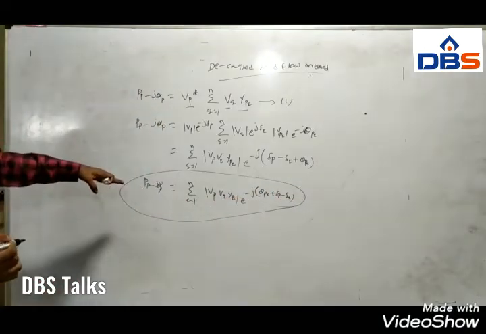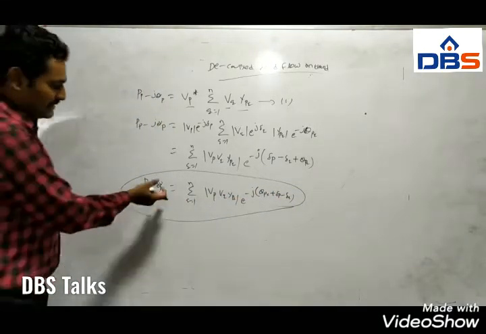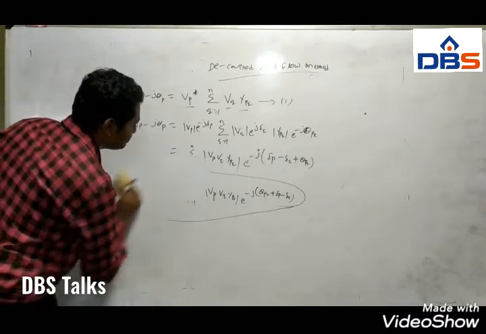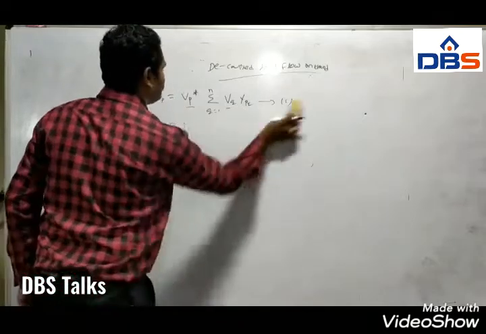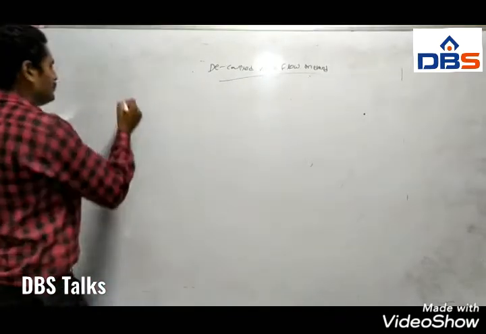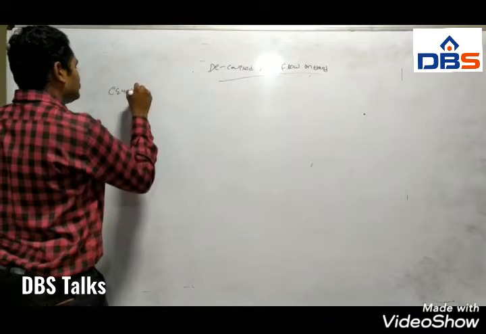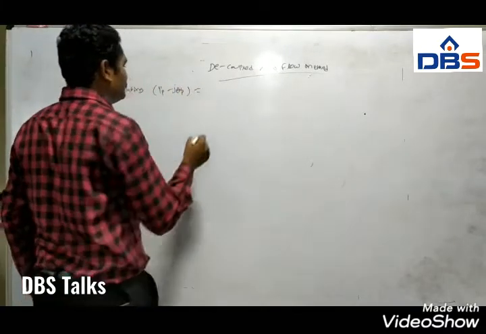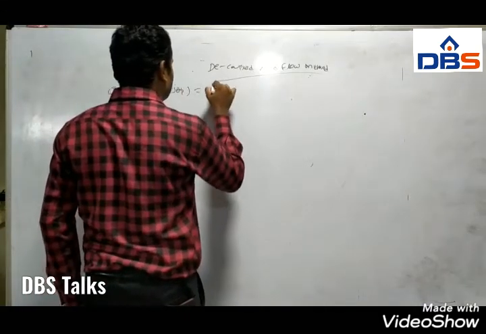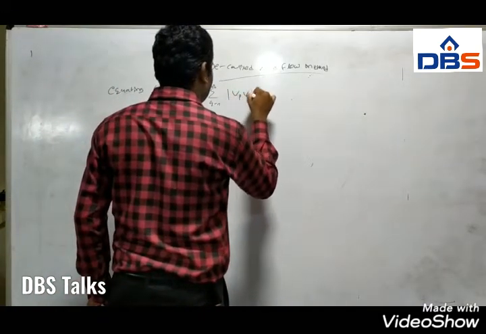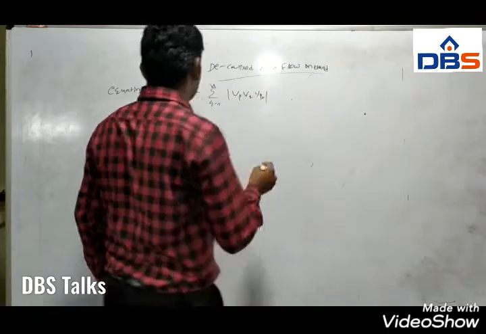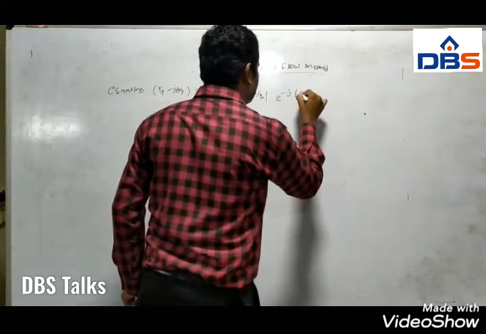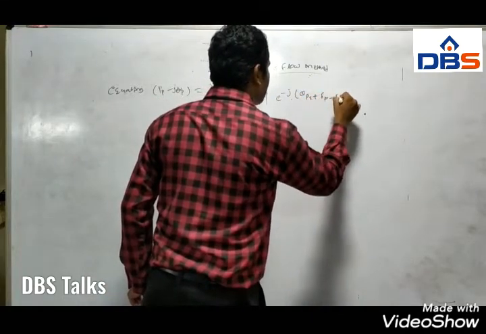From this equation we are equating real and imaginary parts. So Pp minus jQp is equal to sigma q equals 1 to n mod Vp Vq Ypq e power minus j of theta pq plus delta p minus delta q.